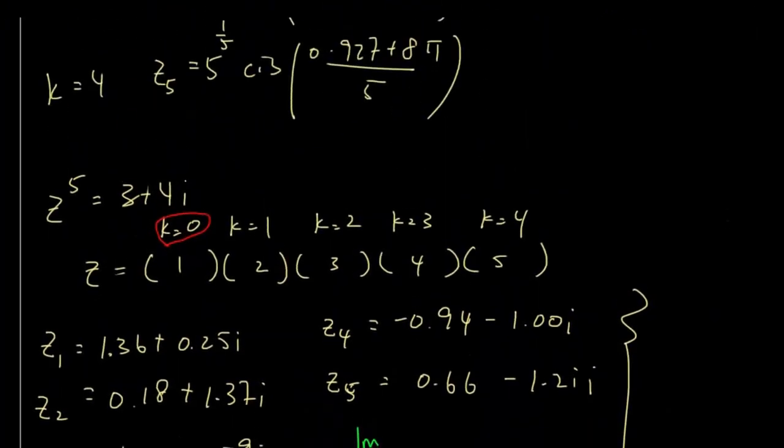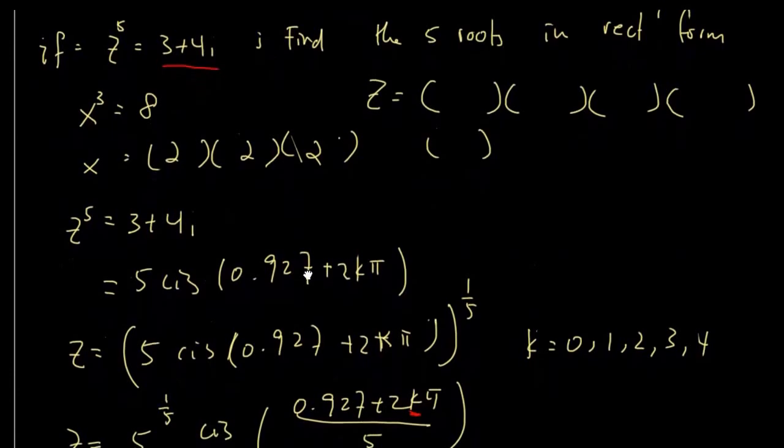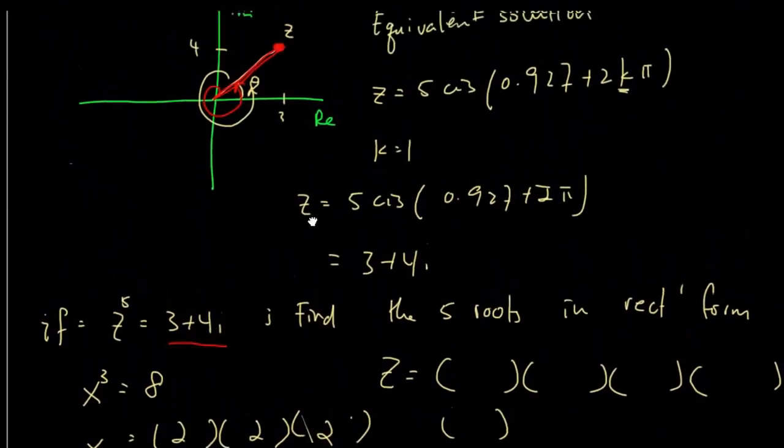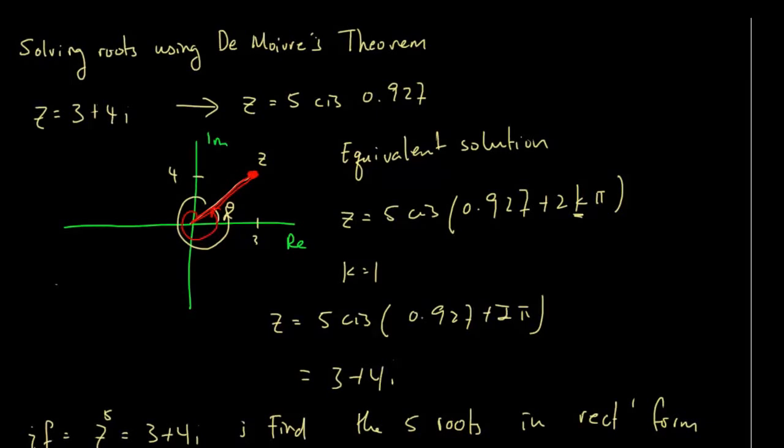Now let me recap the procedure for this type of question. Let's do the whole thing from the beginning. Equivalent solutions: the reason why we have equivalent solutions is that once we convert a rectangular form complex number to the polar form, each rotation of 2 pi will give me exactly the same z.